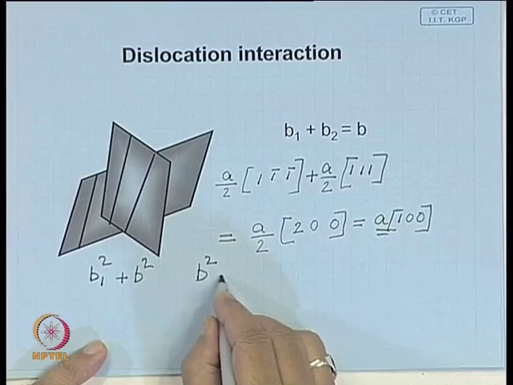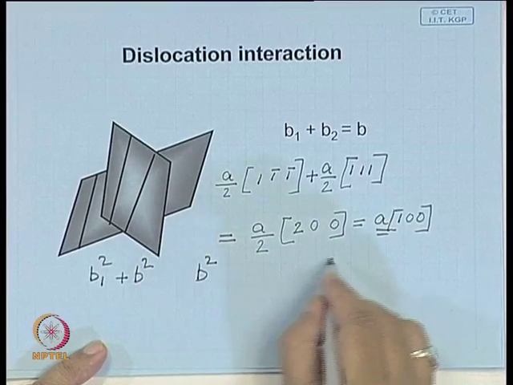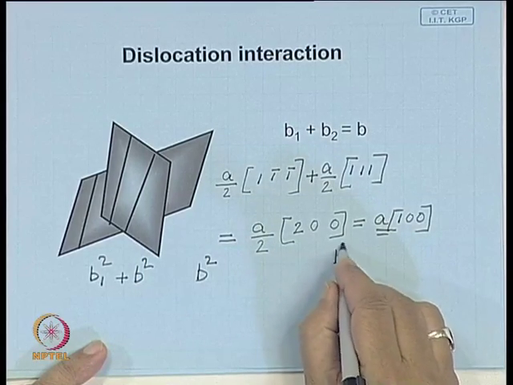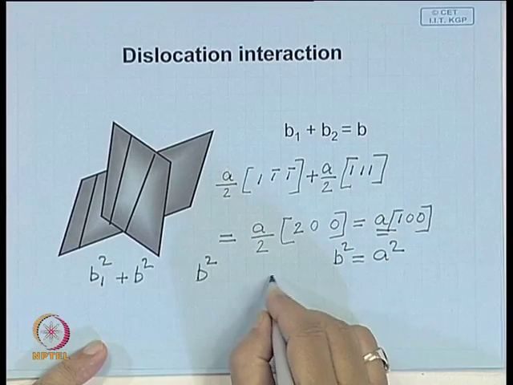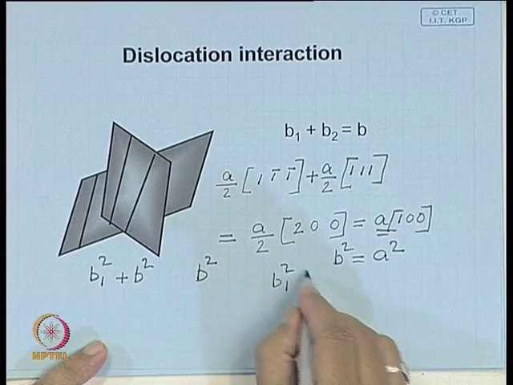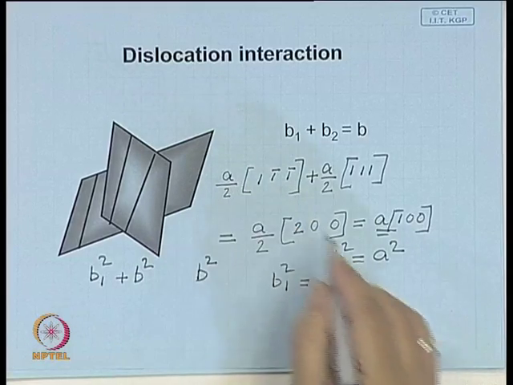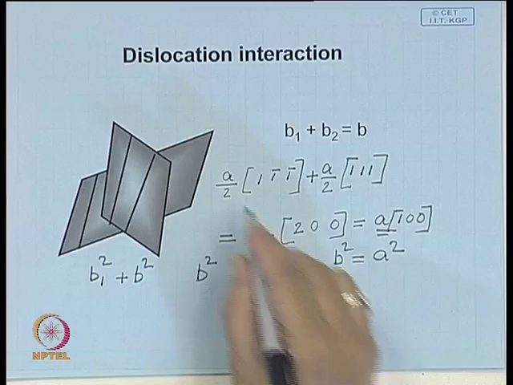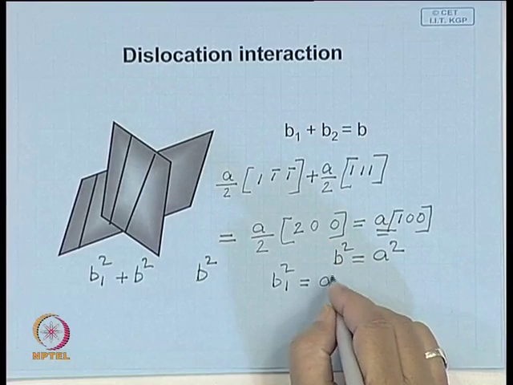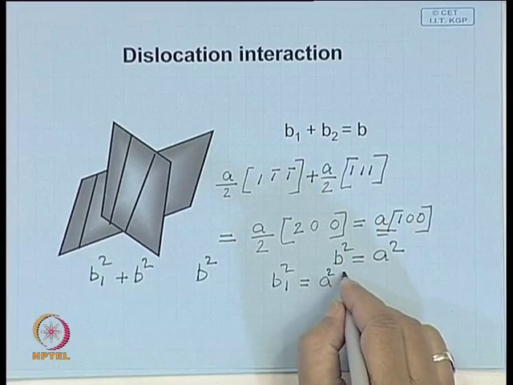So, basically b squared is equal to a squared. And what is b1 squared?